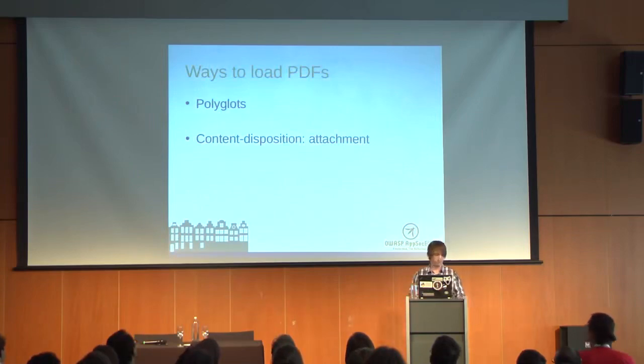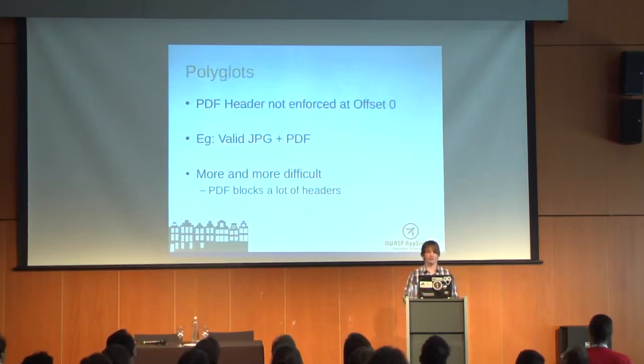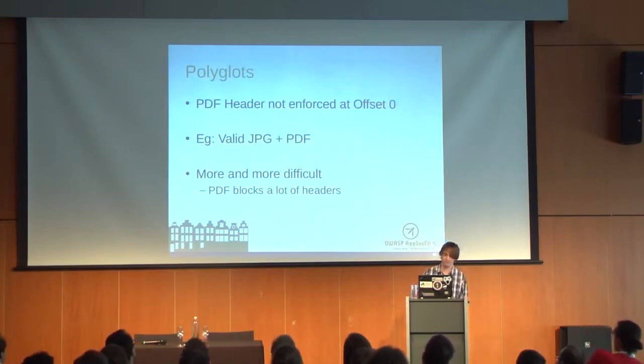So, am I at the time? Okay, way too fast. Okay, ways to load PDF. Basically there are two common ways to do it. The first one is getting more and more difficult, because PDF doesn't enforce the header at offset 0, but they have started again doing blacklisting of certain headers, like all Flash headers, because they forgot one, but then they fixed it.